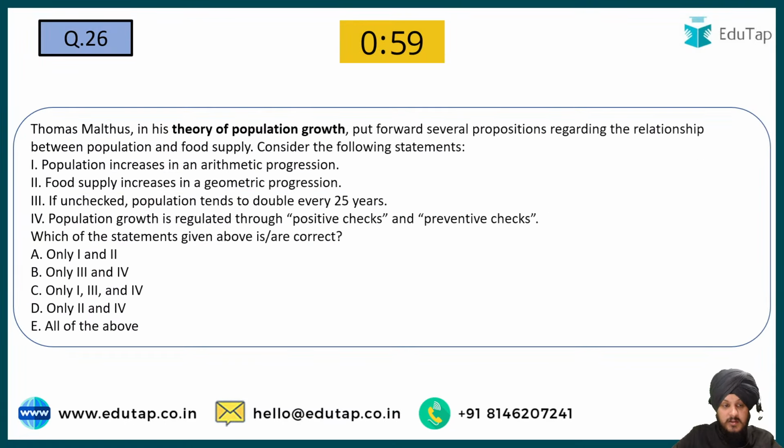Question number 26. Thomas Malthus, in his theory of population growth, put forward several propositions regarding the relationship between population and food supply. Now consider the following statements based upon that. So tell me, regarding the Malthus theory, mark your answers. Then we will see the explanation part.